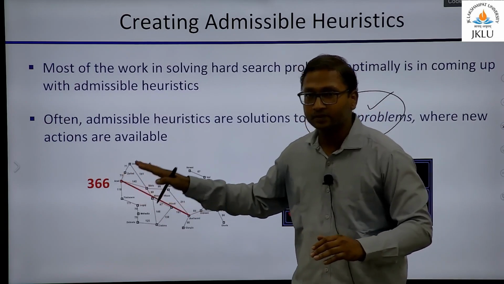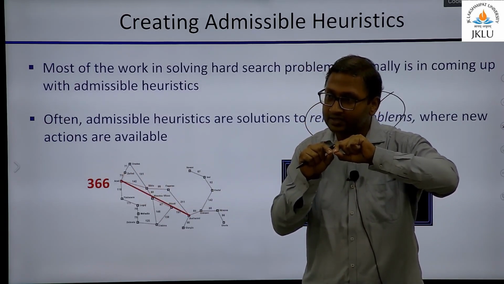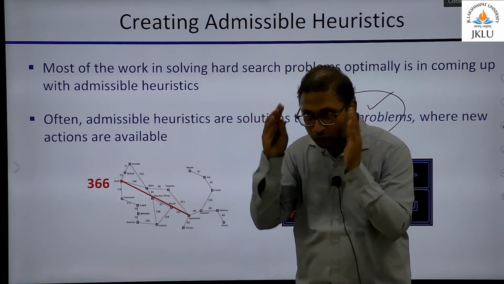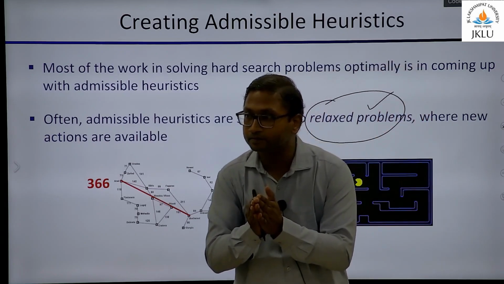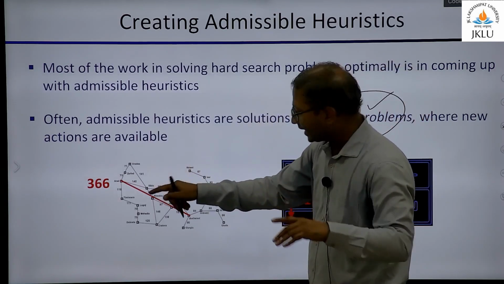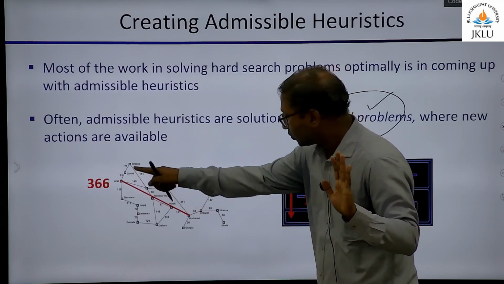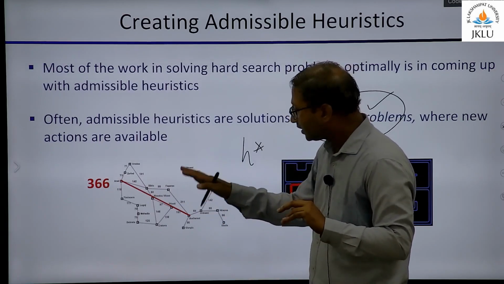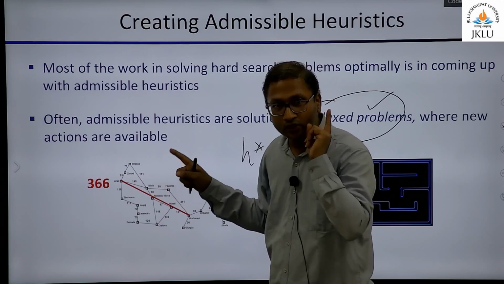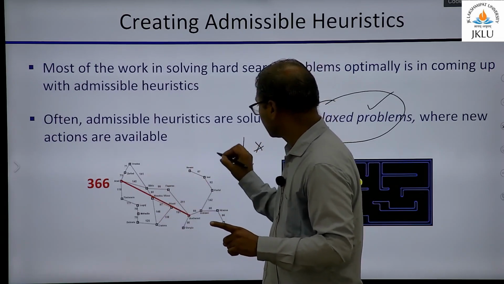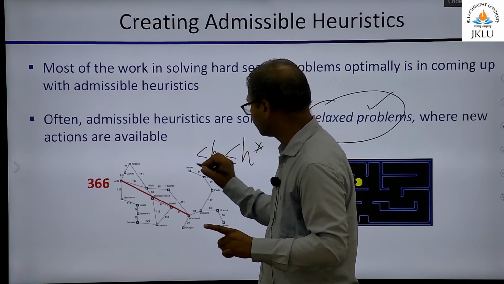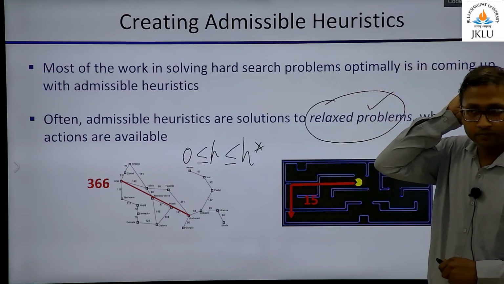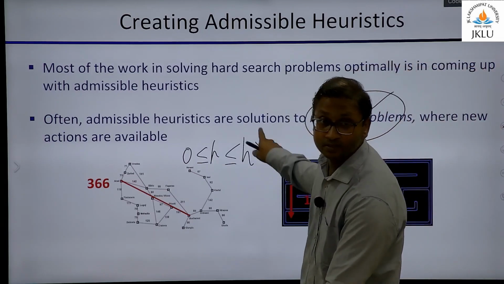Take this map and just look at straight line distances, because your connectivity through roads is certainly going to be longer. Whatever that distance is, that is h star. But if you relax this problem and talk only about straight line distances, you are done. Make sense?